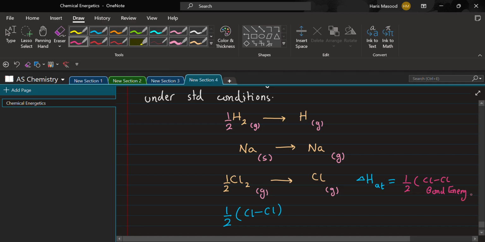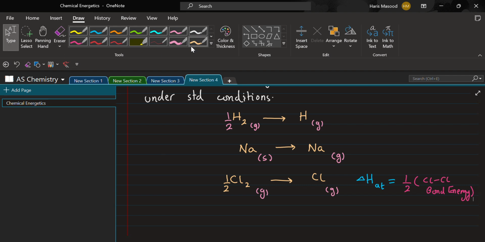And this is the case with every diatomic molecule, whether it is oxygen, fluorine, or nitrogen. Every diatomic molecule will follow the same concept.